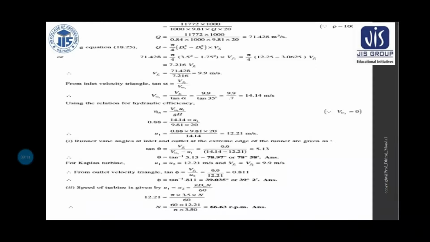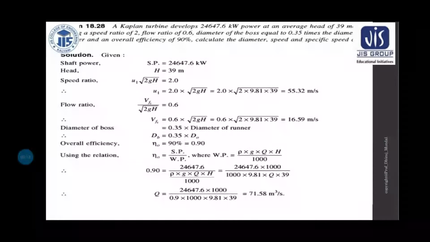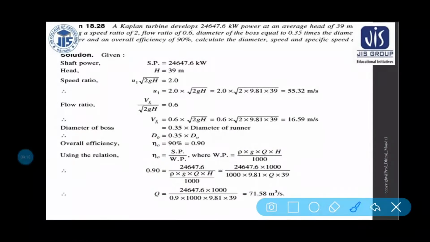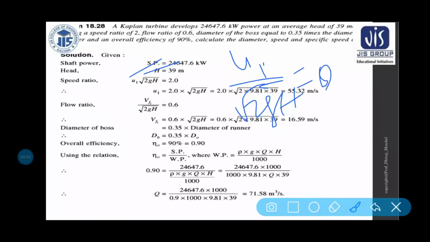Now if it is clear, then come to the next question. In question number 28, you can see a Kaplan turbine, shaft power is given, at an average head of 39 meter. Assume the speed ratio, that is u1 by root over 2gH, is equal to 2.